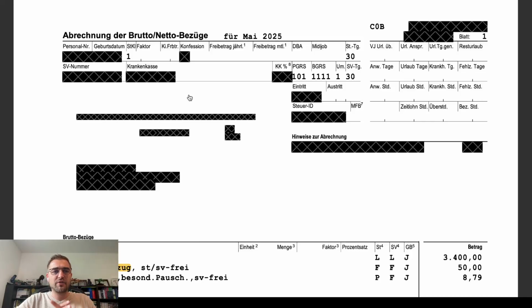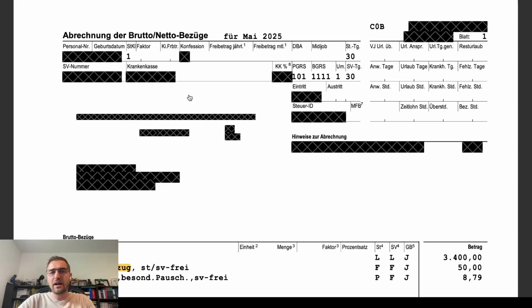For example, at the top you see the so-called personal number. It's the number of the employer. Then besides this, there's the birth date. Then the so-called Steuerklasse, tax class, and then you have some other information besides the social security number, SV number. Under this, the social security, the so-called Krankenkasse, which is for social security.